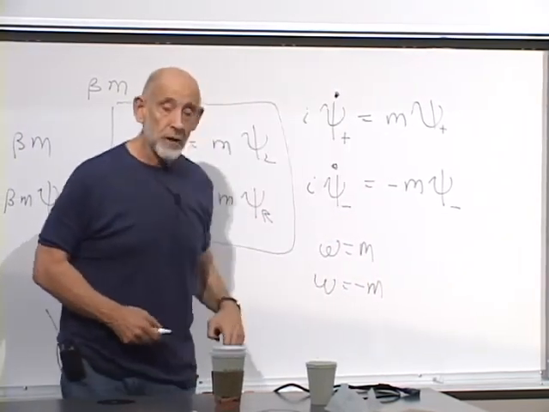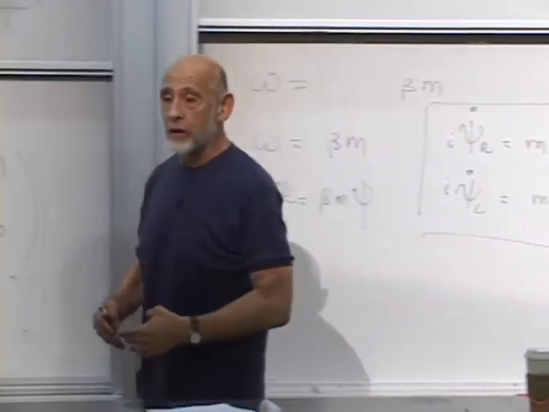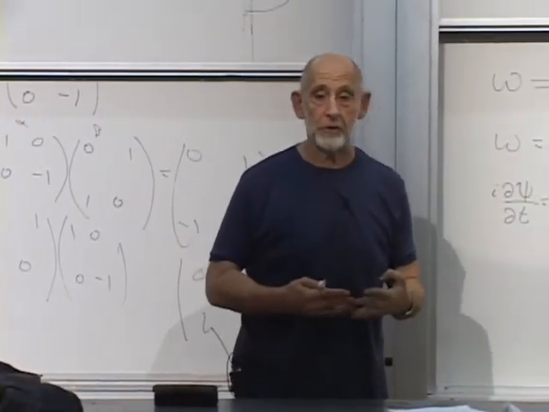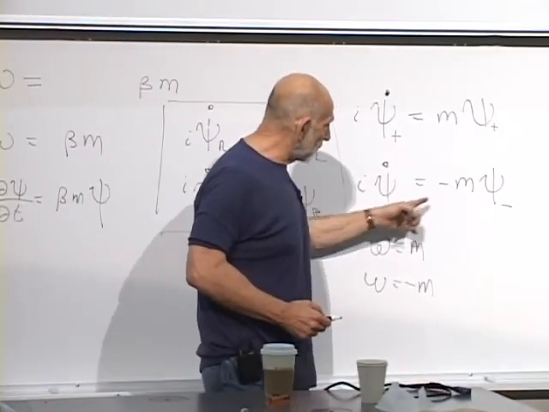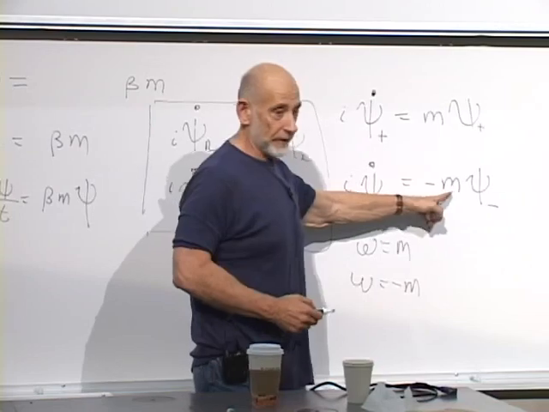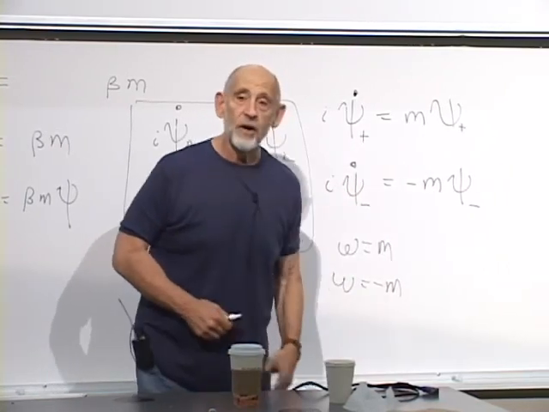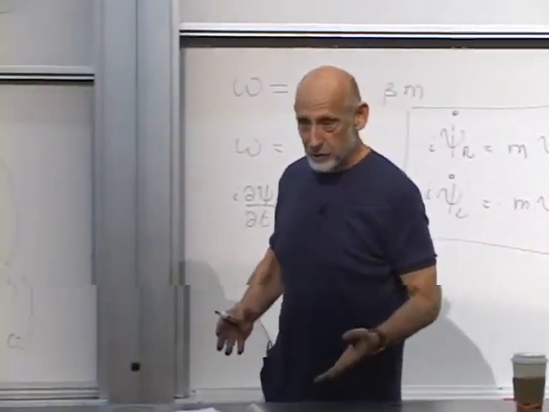So psi plus is the field operator describing positive energy particles at rest, and psi minus is the field operator describing negative energy particles at rest. What do we do with negative energy particles at rest?